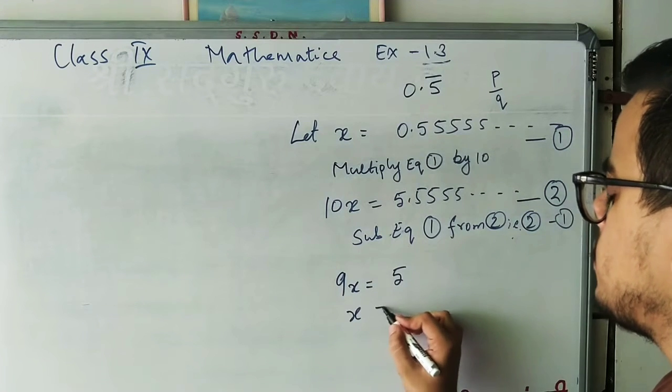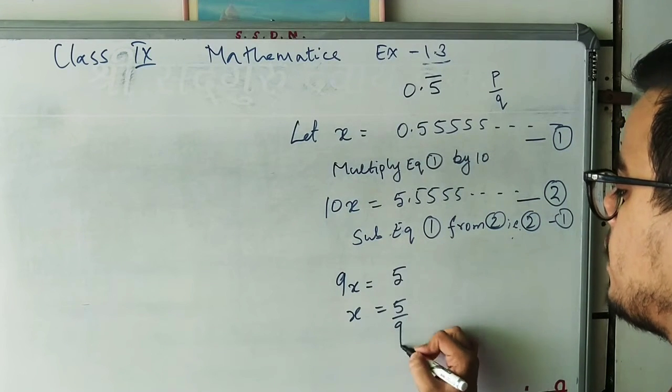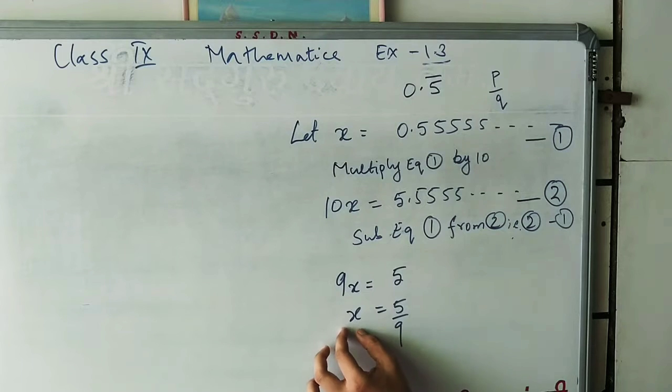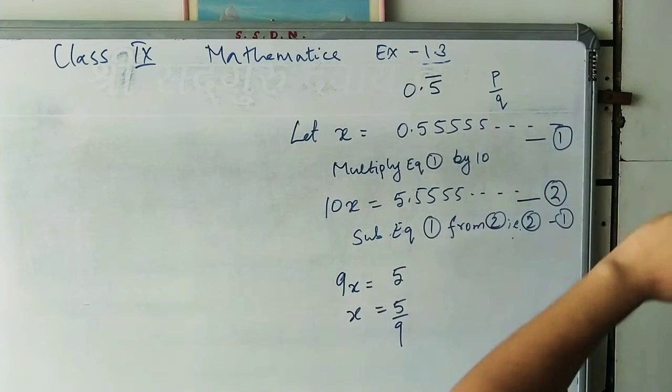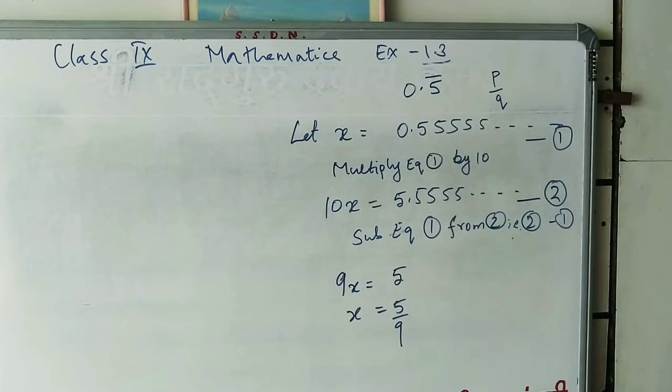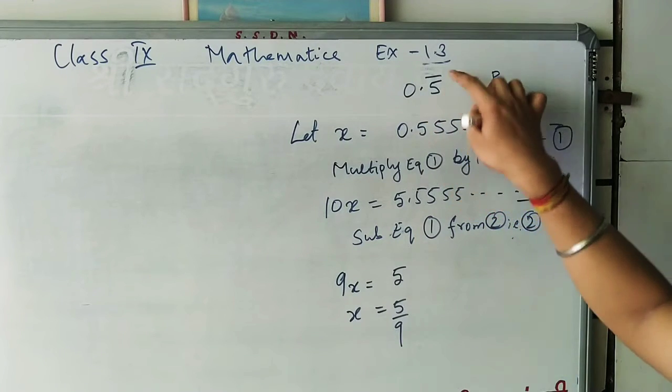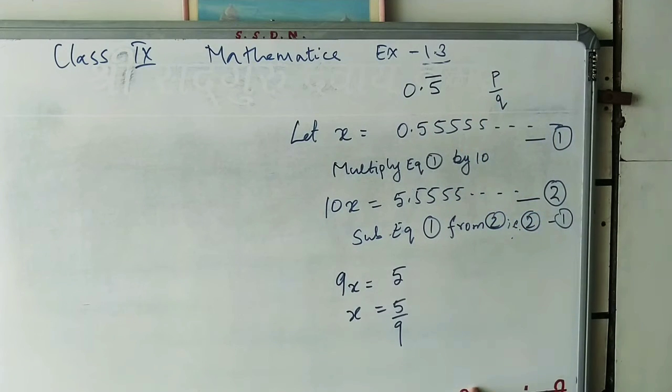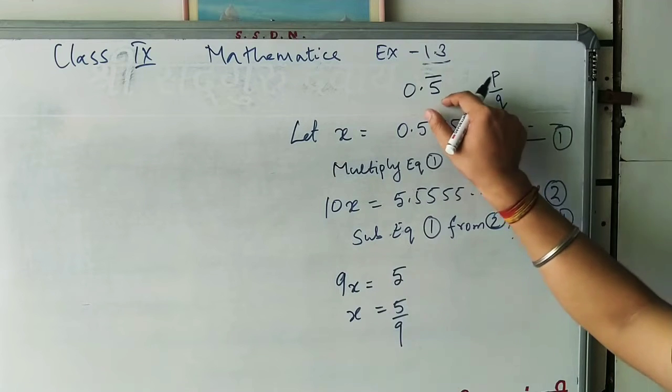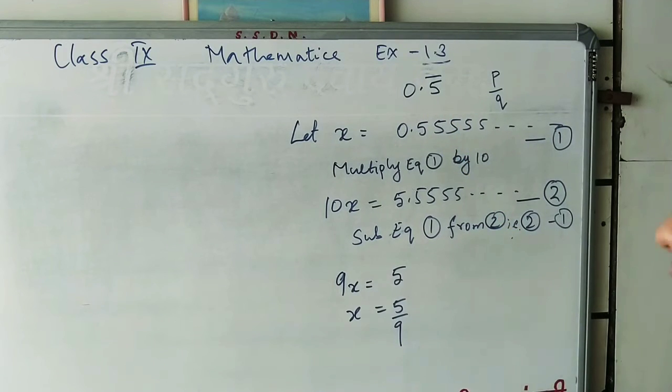So x would be 5 by 9, and we supposed that x equals 0.555, so we have converted 0.5 bar into a fraction.